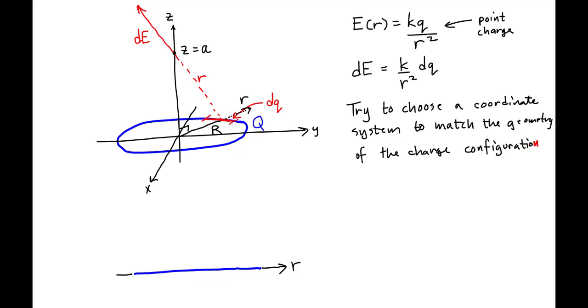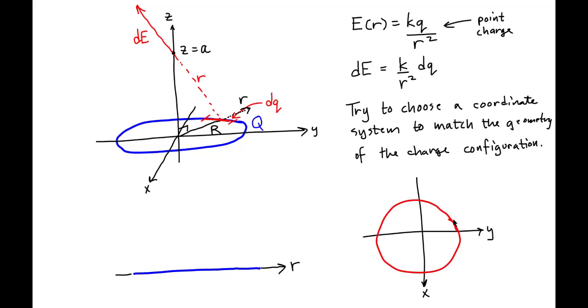Since here we have a ring of charge which has polar symmetry, and you can see that if we just take another vantage point, a top-down view looking down from the z-axis. Since this ring has polar symmetry, let's go ahead and use a polar coordinate system.